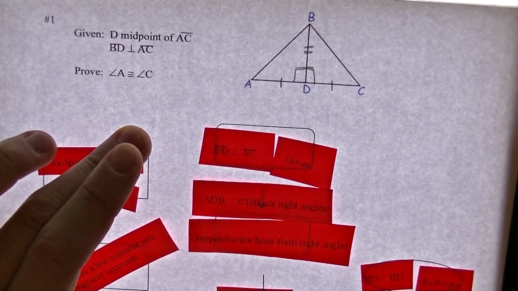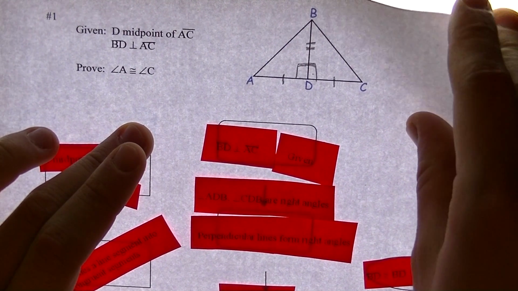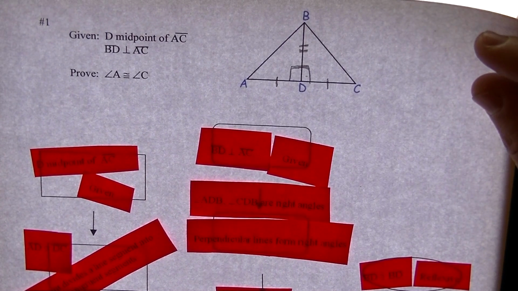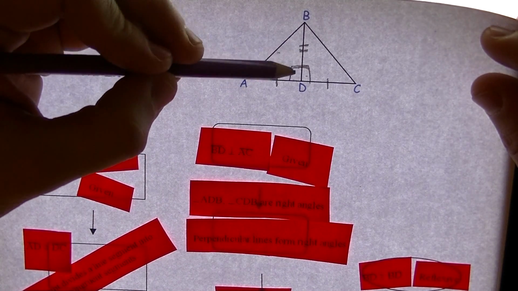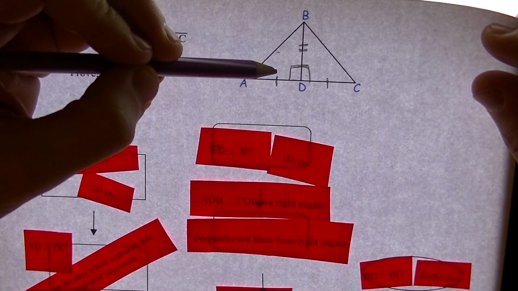Well then finally, I know if these two triangles are congruent, every single part of them that corresponds is also congruent.